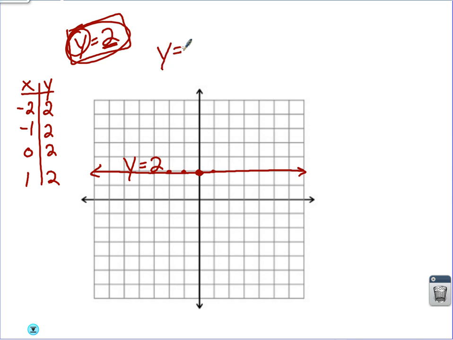Since there's no x's there, we can also write this equation as y equals 0 x plus 2. This would be an equation in slope-intercept form that has a slope of 0. And if you don't remember from previous sections, anytime we have a slope of 0, that means we have a horizontal line, and we have a y-intercept of positive 2.